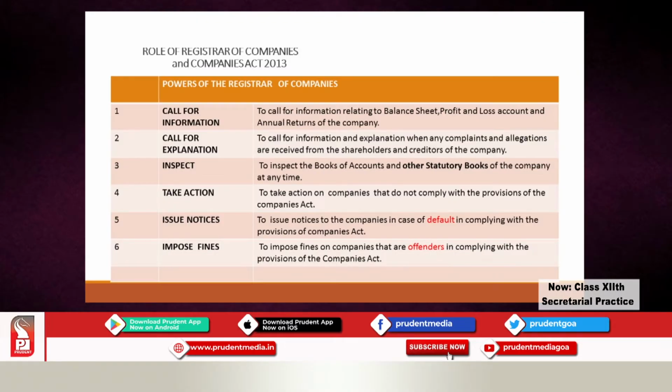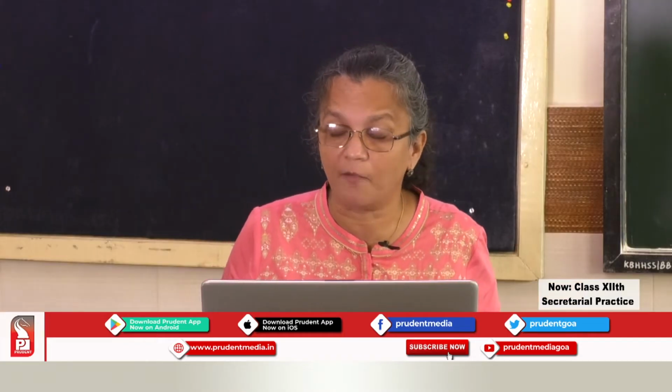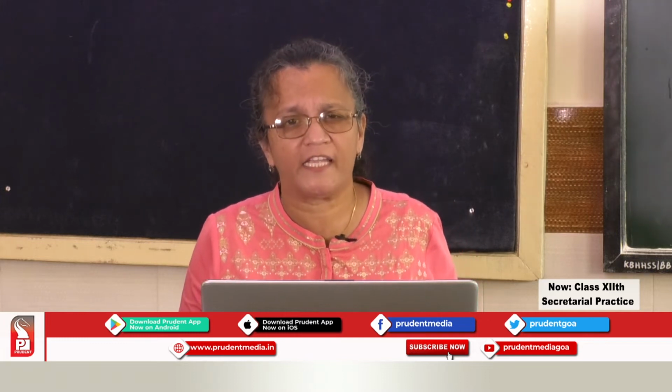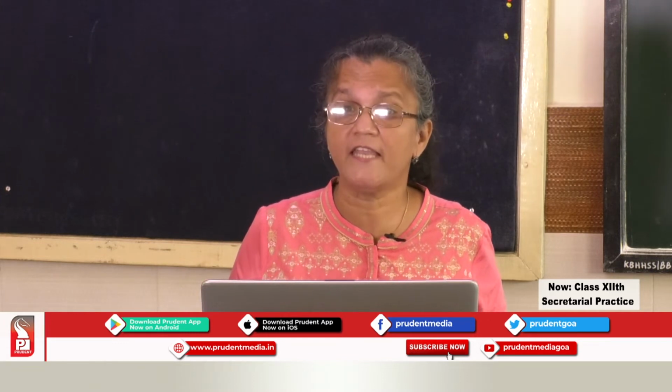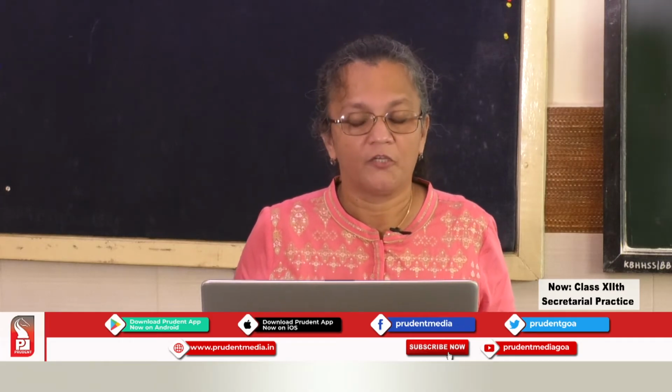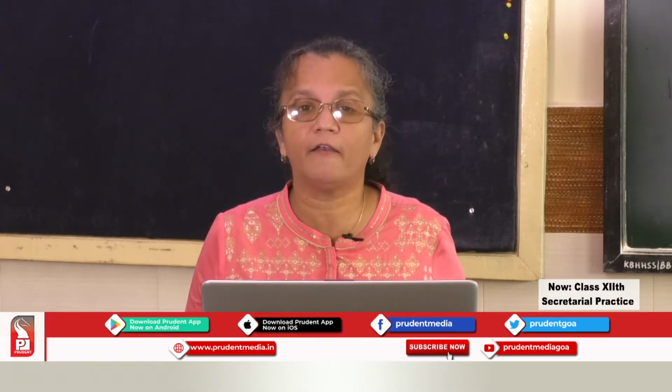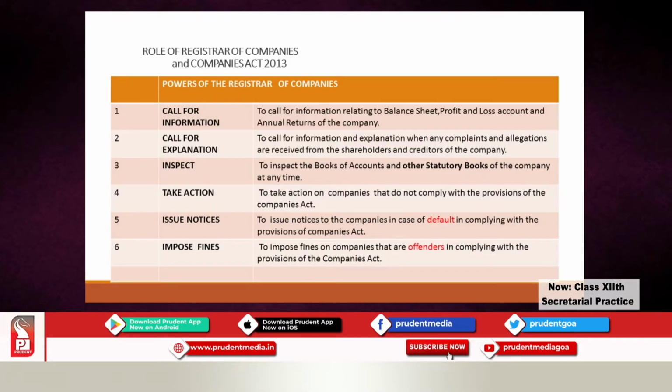Now, if the company doesn't follow the provisions of the Companies Act 2013, the Registrar has the power to take action on these companies. How will the Registrar go about taking action? Is the next power to issue notices to the companies that are in default in complying with the provisions of the Companies Act.